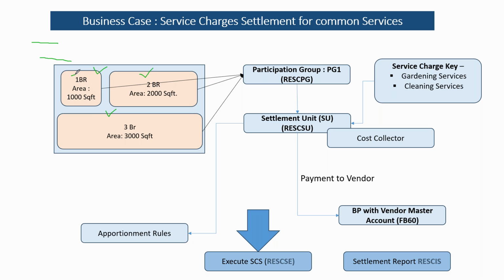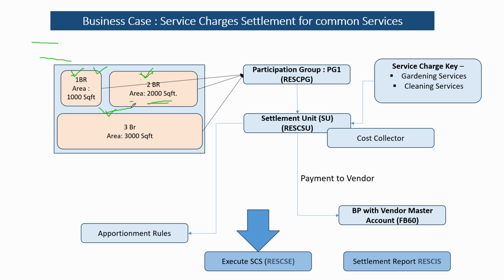For a one bedroom apartment we can create a rental unit, similarly a two bedroom apartment, which has area as a measurement. The total area is my measurement type, and here 2000 square feet is my measurement value. So these are my three different rental units in the system.